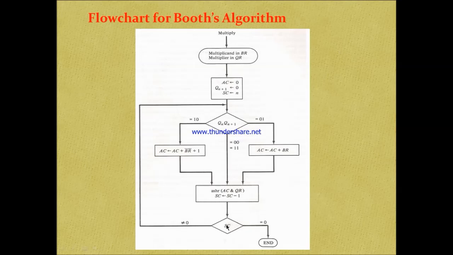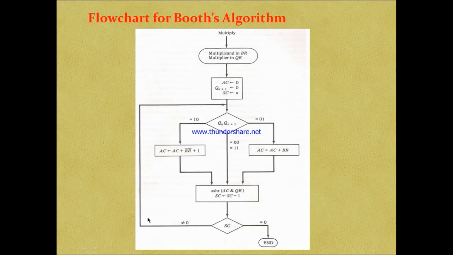Since it is the first step, the sequence counter, when it will be 0, depends on the n value. N is nothing but the total number of bits in the multiplier. Since we have done only one operation, it is not 0 here.